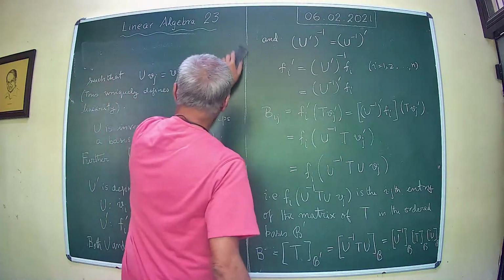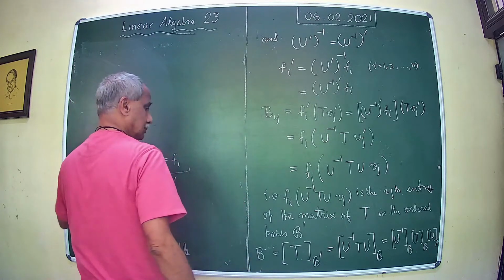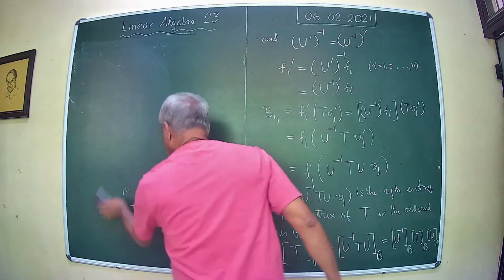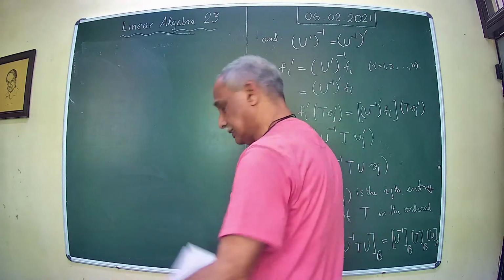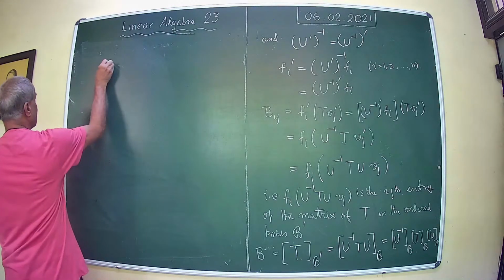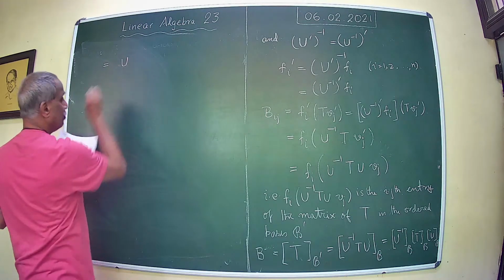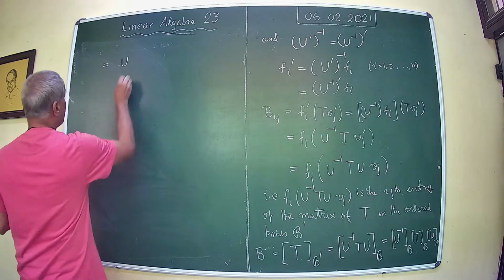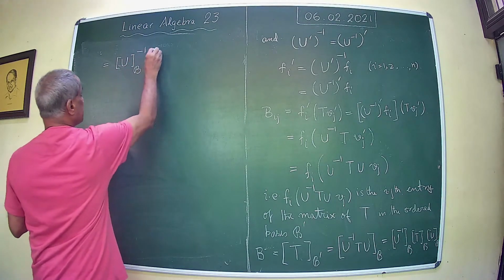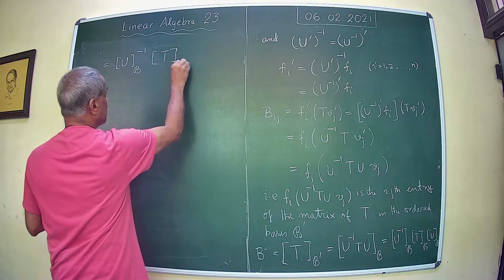Then what do you get? The next step is this. Therefore, this is equal to U with respect to B inverse, the matrix of T with respect to B.